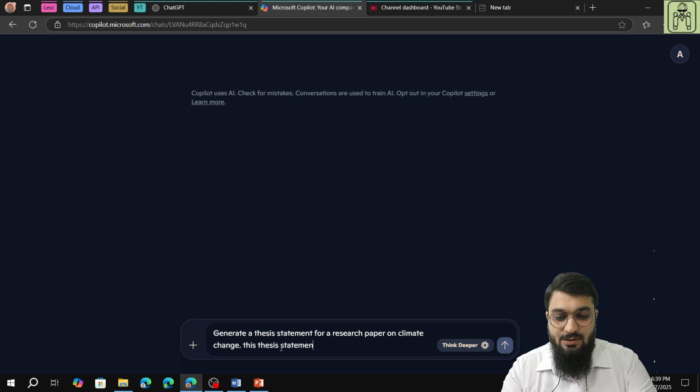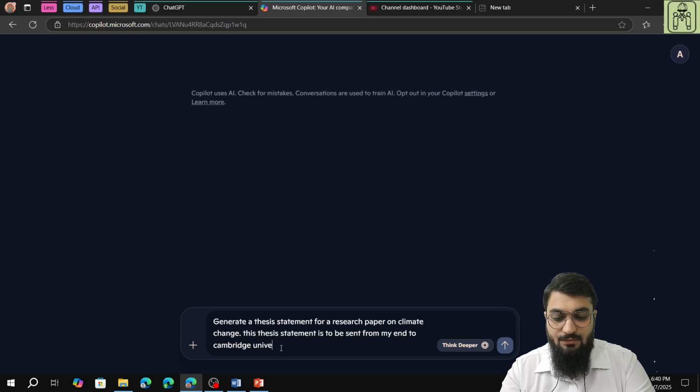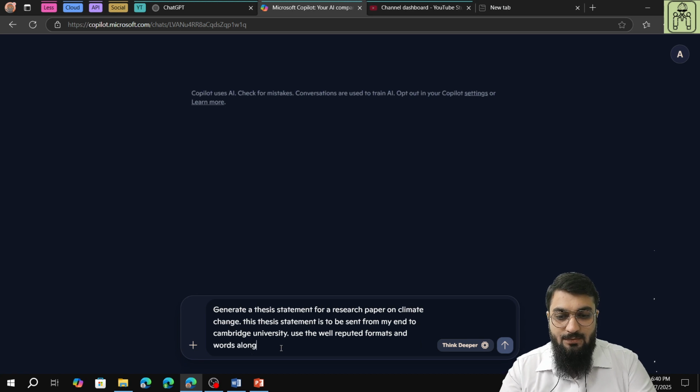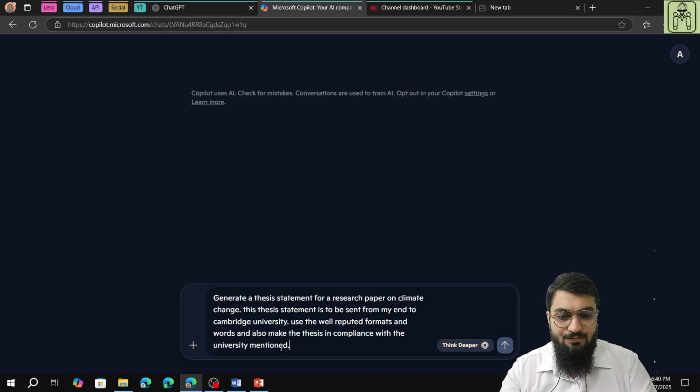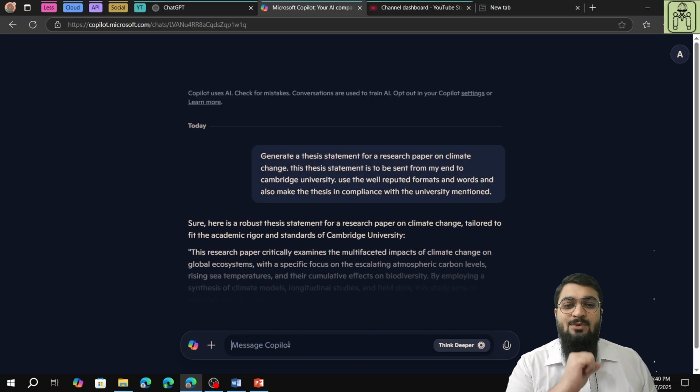This thesis statement is to be sent from my end to, let's say, Cambridge University, so use well reputed formats and words, and also make the thesis in compliance with the university mentioned. And this goes in as the prompt, and we'll see how the output is generated.